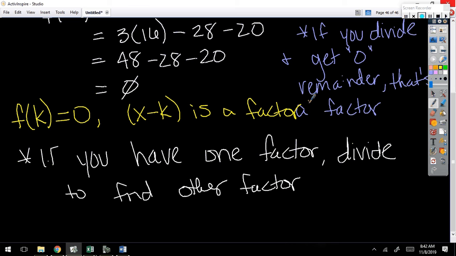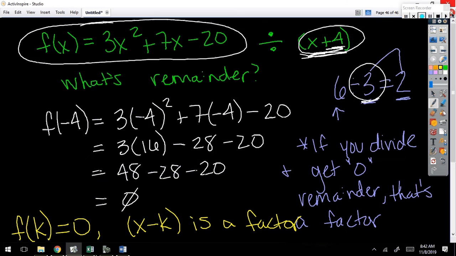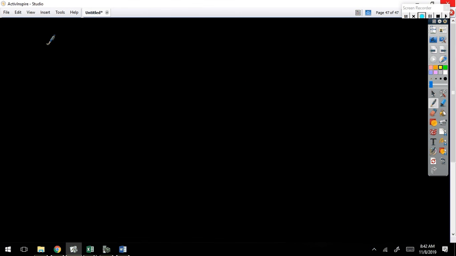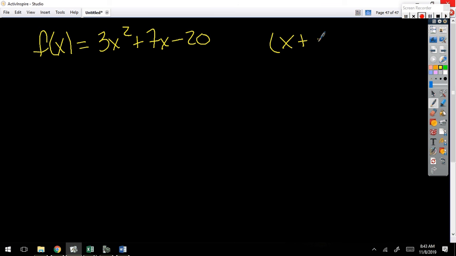So here's what I want you to do. Look at this f of x and find the other factor. I've already given you one, because when we plugged it in, we got 0. We know f of x equals 3x squared plus 7x minus 20, and we know that x plus 4 is a factor.